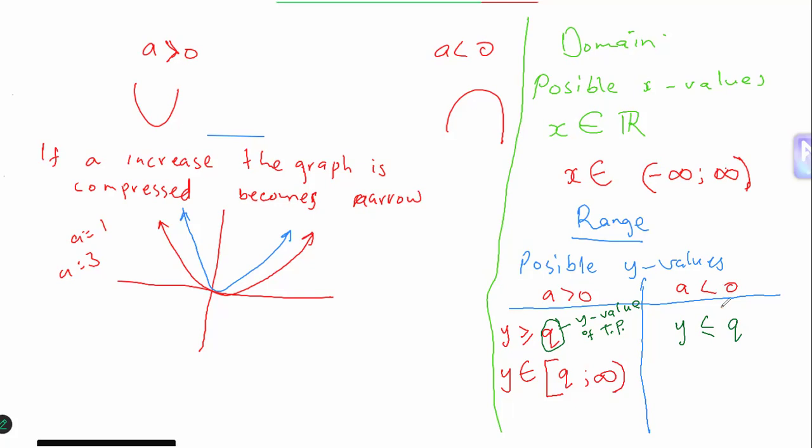This is for a less than 0. For the range, you say y is less than or equal to q, or you can represent it like this. y is an element of what? Notice the bracket, it's a round bracket, negative infinity, and q. But the q now is a square bracket.